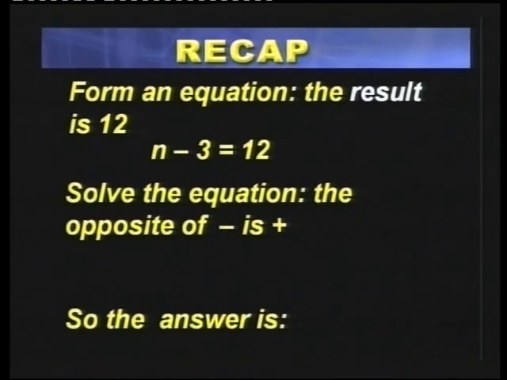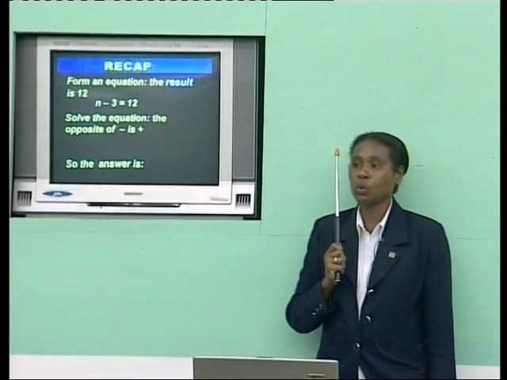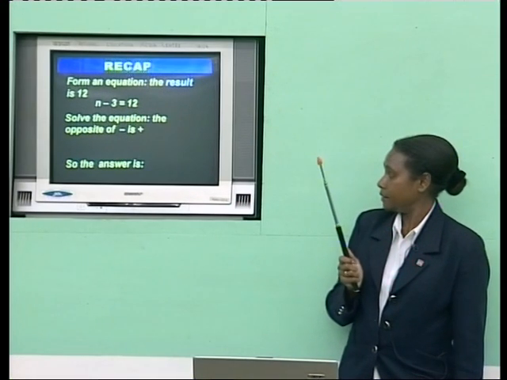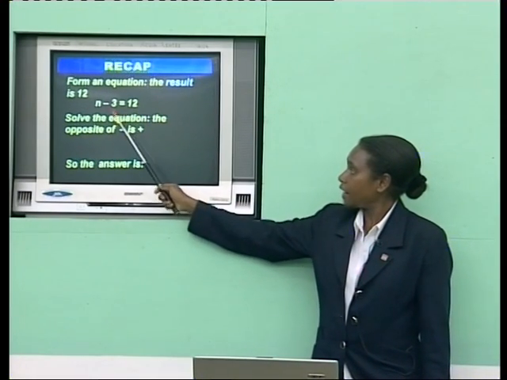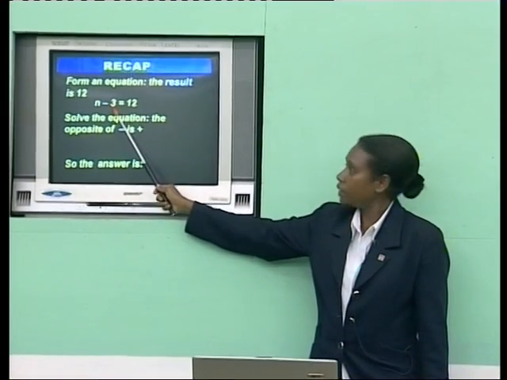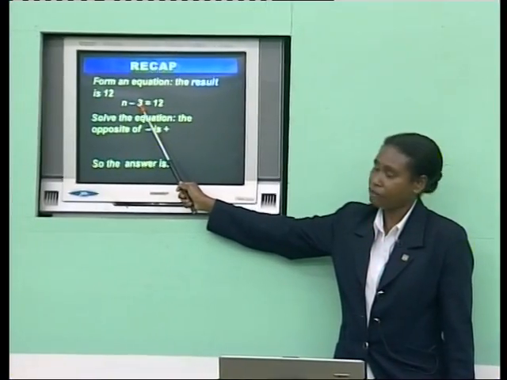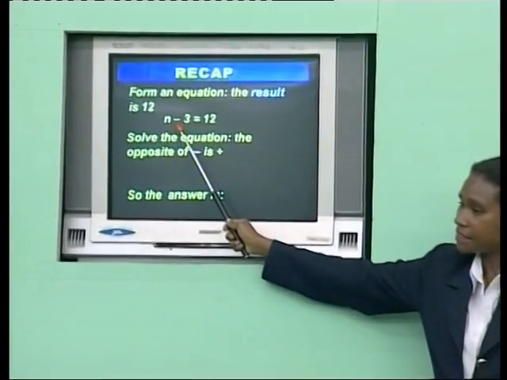Now, we are going to solve this equation up here. Remember, n minus 3, the opposite of subtracting, what should we do? We add. What do we add? We are subtracting 3 from this side, the right-hand side.